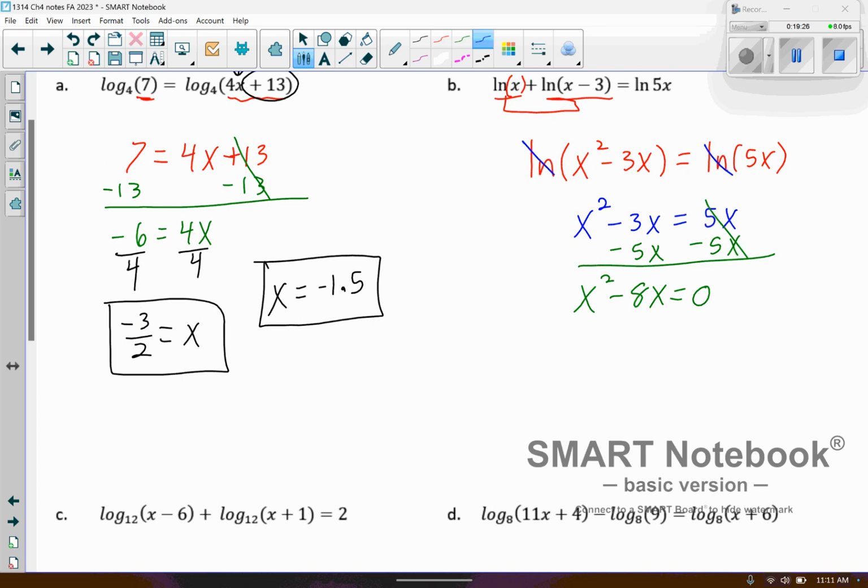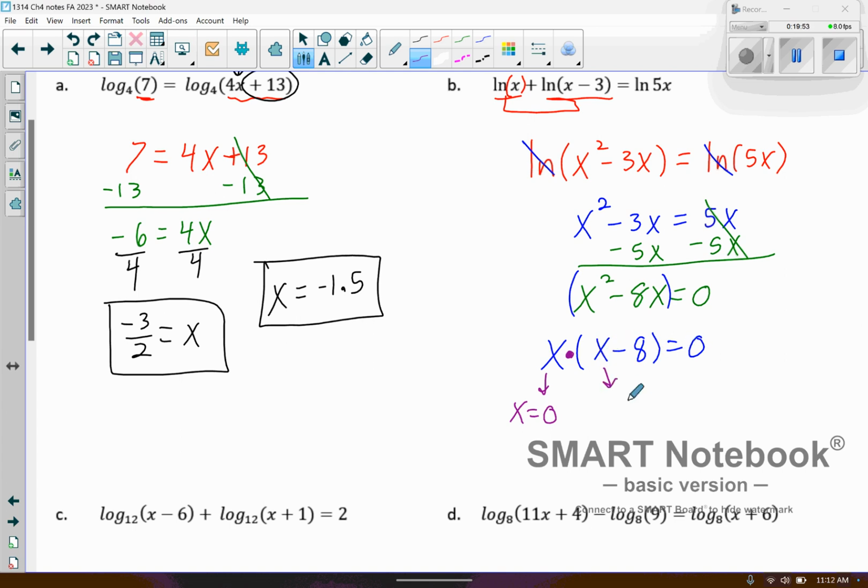And then this is a little different factoring than the other ones we've seen so far. I can actually pull out a GCF, which would be x. So x times (x minus 8) equals 0. And so these two things are getting multiplied together. And if x equals 0, that would cause the left side to be 0, which would make a true statement, right?